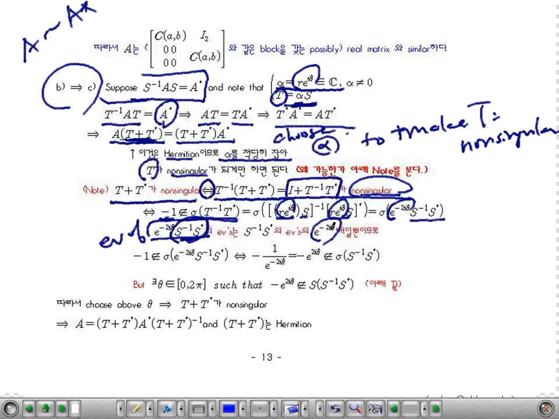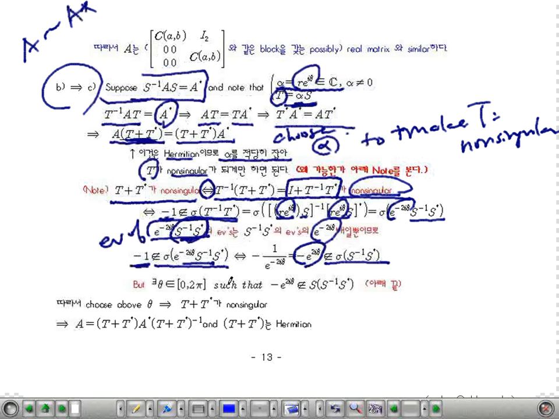You multiply a scalar on a matrix, then it changes the size of the eigenvalue by that much. So if -1 is not an eigenvalue of this matrix, that means e to the 2i theta is not an eigenvalue of S inverse S star.